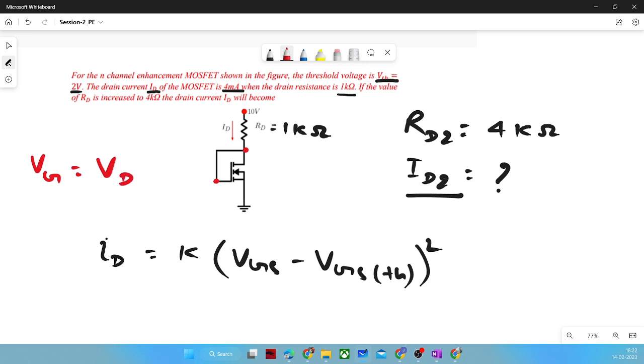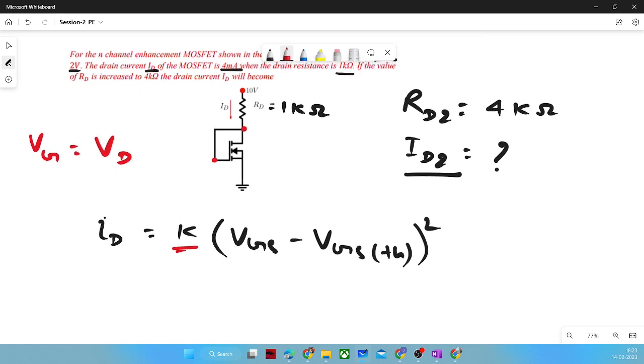If we calculate VG, then we will be able to calculate VD, and after that we can find the value of K, since we know the threshold voltage, we know this current, and we know the 10 volt supply. We will move step by step and try to find the value of K from this equation.